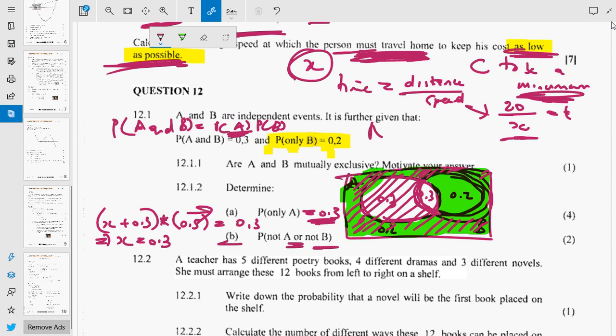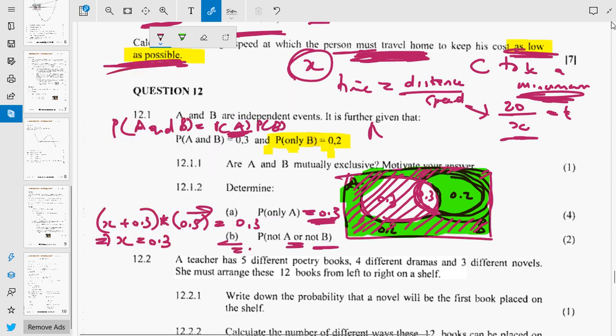So you're going to add everything shaded green and everything that has purple lines. So that will be 0.2, 0.3, and 0.2. So the answer there will be 0.7. So the probability of not A or not B is 0.7.